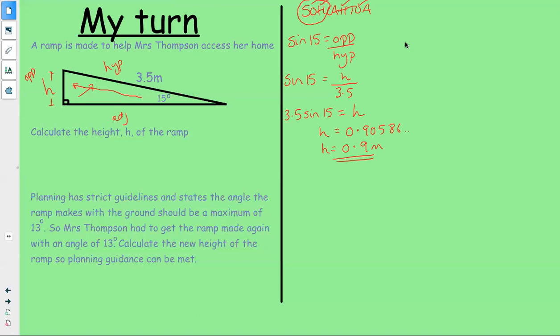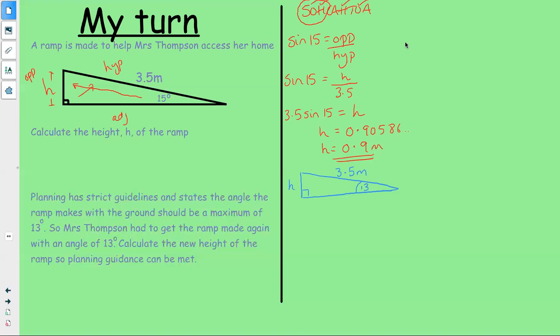So basically there's a new ramp being made. Instead of 15 in this angle, it has to be 13. We're going to assume that this is still 3.5 meters, and we are working out the height again. Okay?